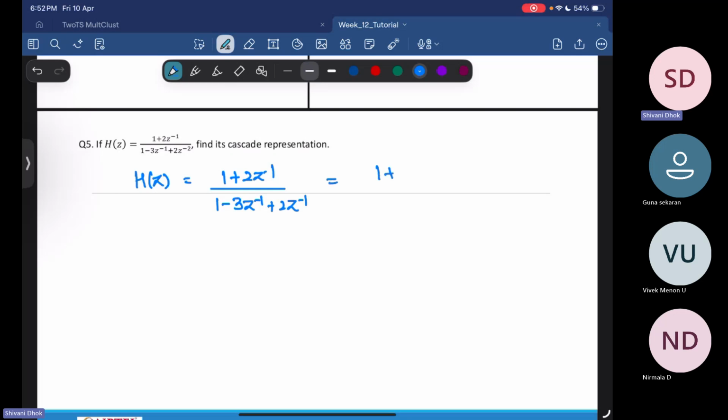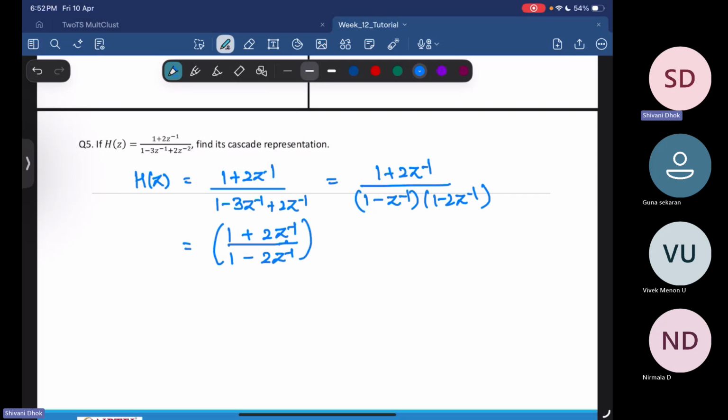So let's say I write it as 1 plus 2z inverse upon, I can factorize the denominator as 1 minus z inverse into 1 minus 2z inverse. So I can write this as 1 plus 2z inverse upon 1 minus 2z inverse.